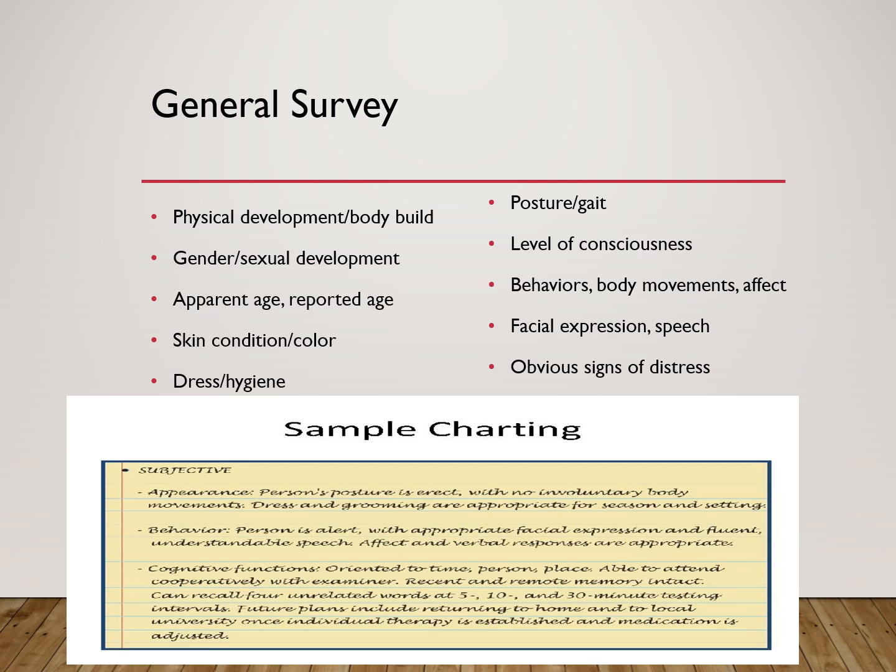Their facial expressions, is their smile symmetric? Those kind of things can help you identify any abnormalities. And even before you touch the patient, we look for obvious signs of distress, maybe grimacing from pain, or maybe the patient is short of breath, and you can see that very obviously even before you touch the patient.